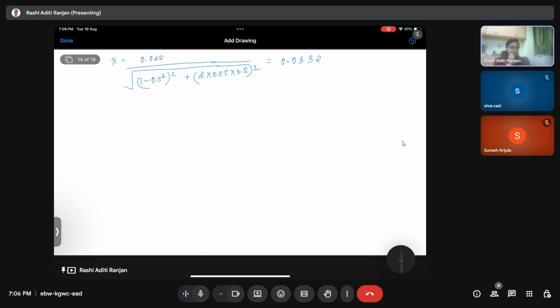This is the value of x that we are going to get, and for phi we are going to get tan inverse of 2 times 0.05 into 0.5 divided by 1 minus 0.5 square. For this we are going to get 3.81407 degrees. I've done all the calculation, you can recheck it.